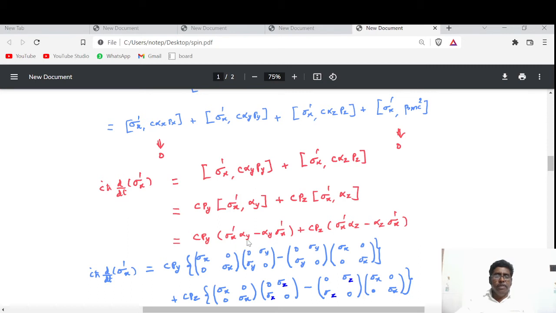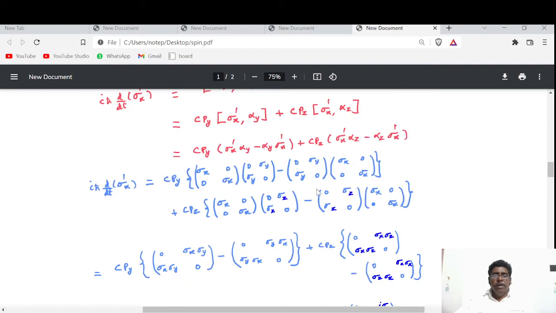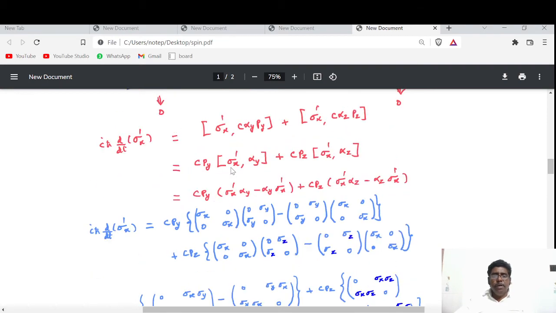This is sigma x dash αy minus αy sigma x dash. Expansion of this term is sigma x dash αz minus αz sigma x dash. Here sigma x dash is [sigma x 0; 0 sigma x], because the proposed operator sigma dash equal to [sigma 0; 0 sigma]. So sigma x dash equal to [sigma x 0; 0 sigma x].